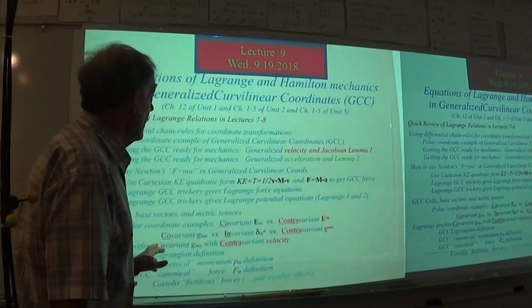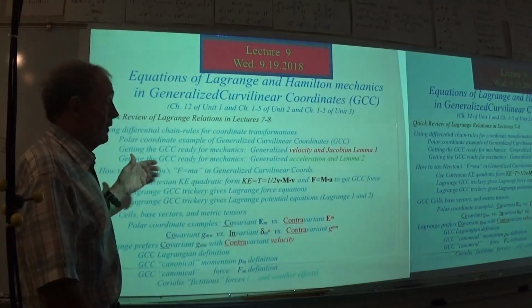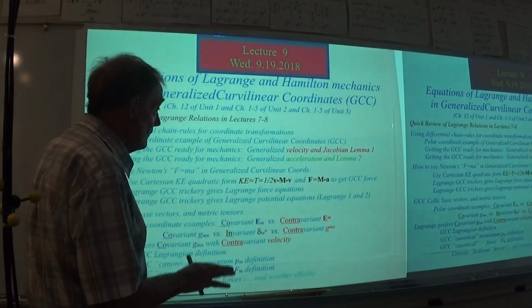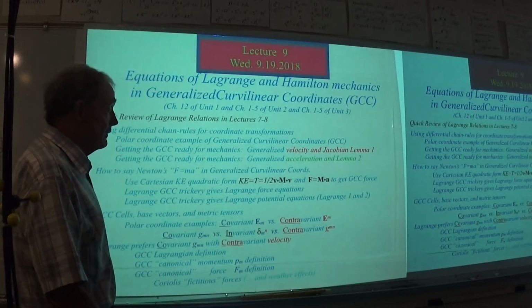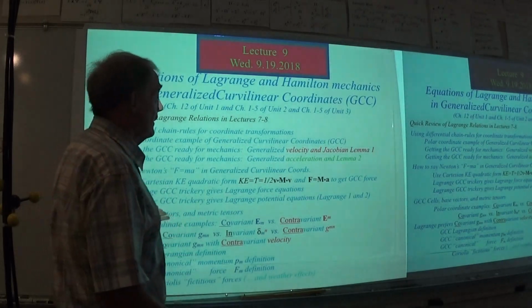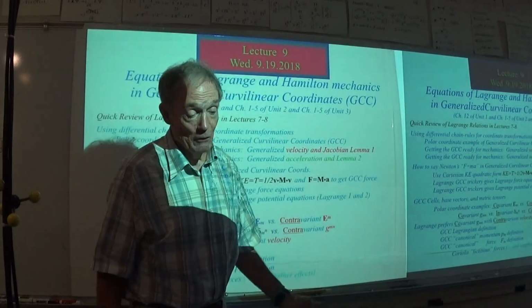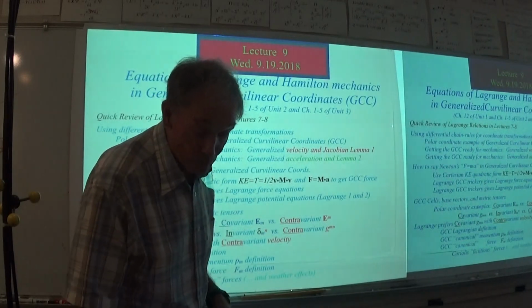The first thing that I want to do is also derive the Lagrangian, and we might talk a little bit about Hamilton equations, but mainly Lagrange for today, the ordinary way. There are 2 lemmas we need to learn, lemma 1 and lemma 2, that involve partial differential chain rules.